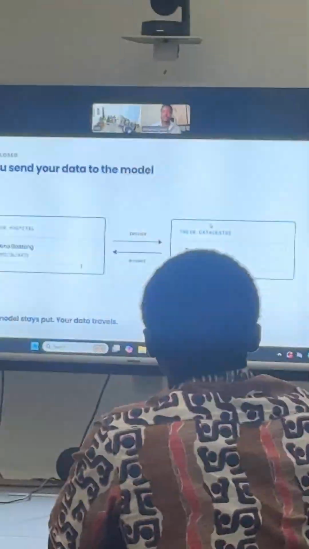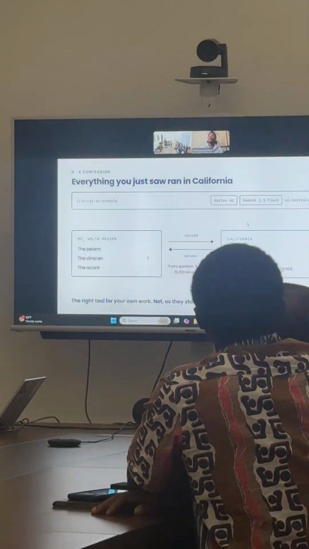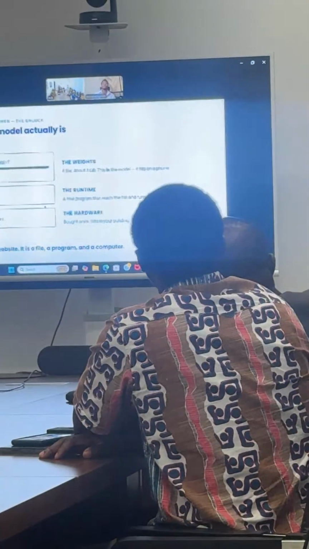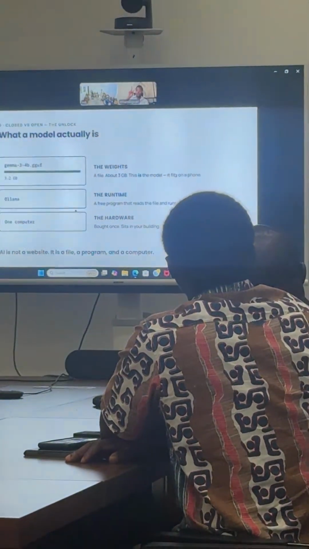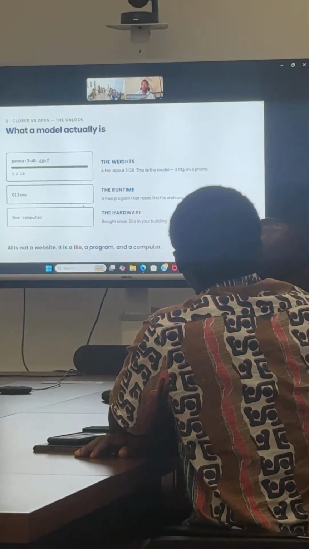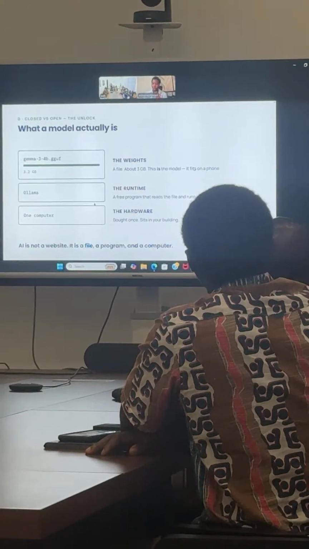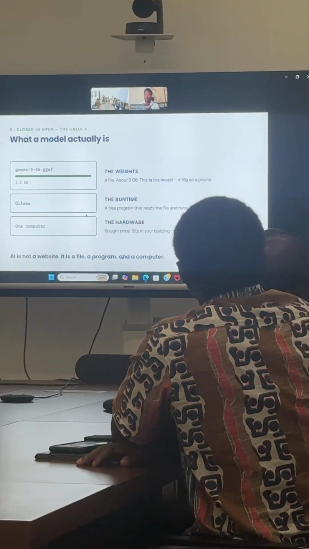So this is just a basic explanation, but I think it's really important for you guys to understand open and closed models. So what is a closed model? It's OpenAI, so ChatGPT, Claude, Gemini. Those are closed models.